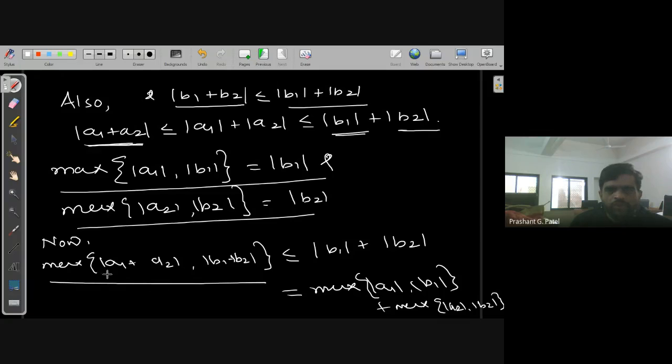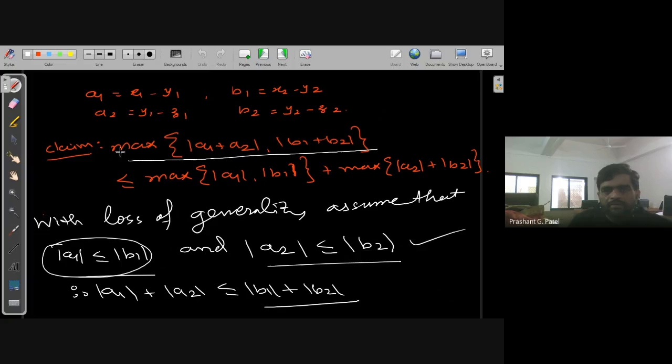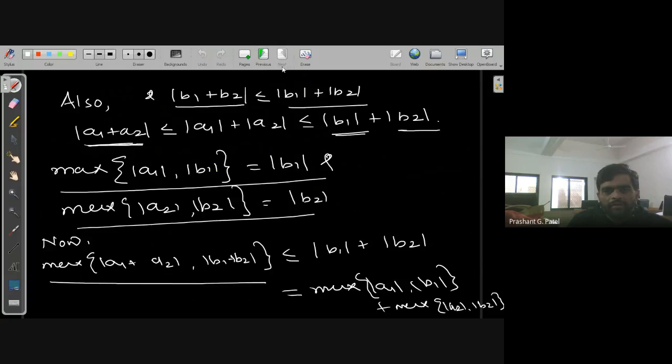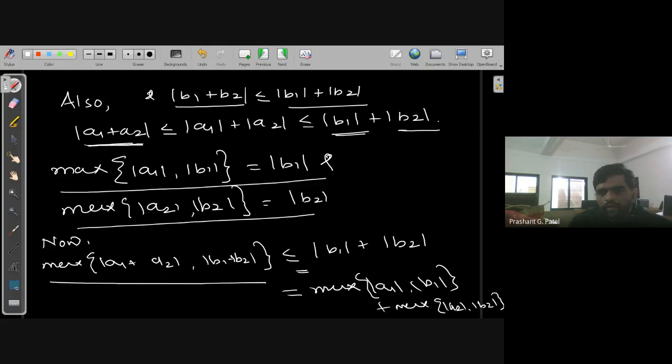What is this side? If I substitute the value, since a1 is x1 minus y1, this side is nothing but the distance between x bar and z bar, which is less than or equal to, due to this, the maximum of |a1|, |b1|.